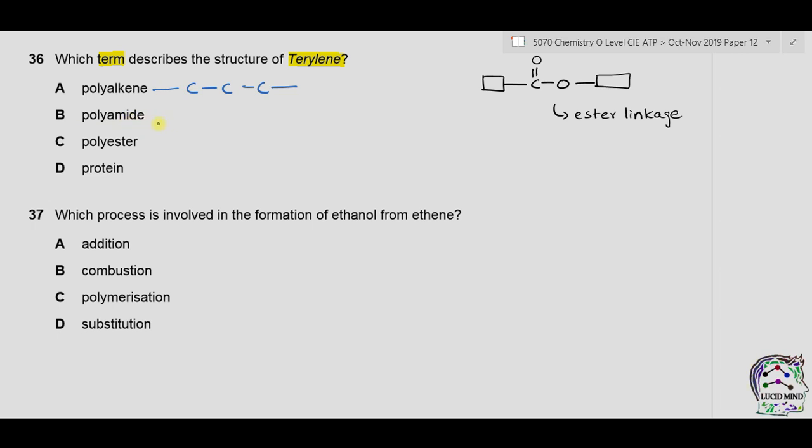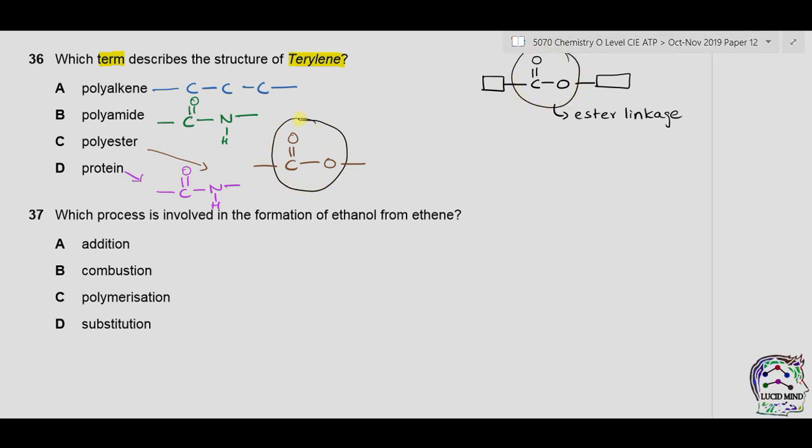Now in polyamide the linkage is C double bond O NH. C is polyester. In polyester the linkage is C double bond O. D is protein, and in protein the linkage is C double bond O NH. As we can see, ester linkage is present in C.